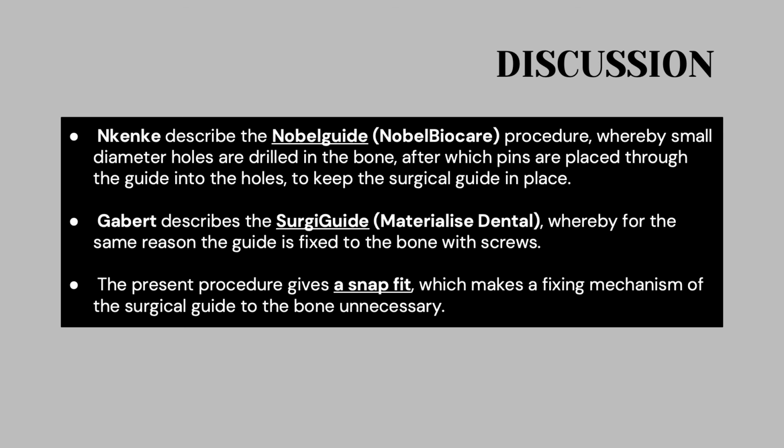Kenke described the noble guide procedure whereby small diameter holes are drilled in the bone, after which pins are placed through the guide into the holes to keep the surgical guide in place, while Gabbard describes the surgery guide whereby, for the same reason, the guide is fixed to the bone with screws. The present procedure gives a snap fit, which makes a fixing mechanism of the surgical guide to the bone unnecessary.